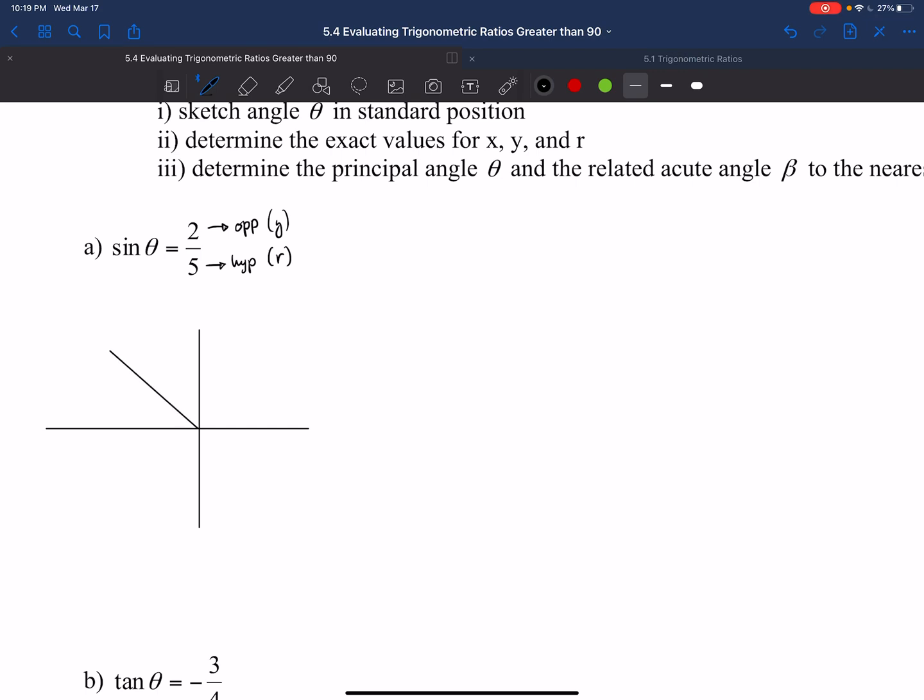So if it's in the second quadrant, whatever that point is, I know the opposite side, or y, is 2, and I know the hypotenuse is 5, but I don't know x. So we're going to figure that out. We're going to use the equation of the circle, or Pythagorean theorem, to figure that out.